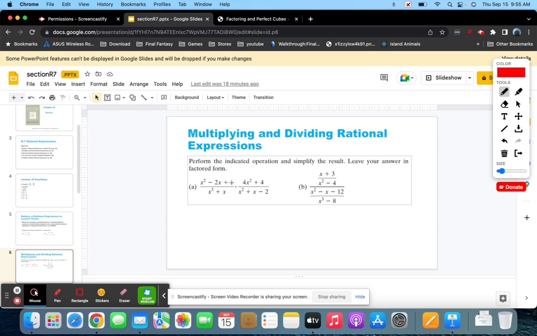So let's look at A. X squared minus 2x plus 1, well, that's going to be x minus 1 times x minus 1. On the denominator, we pull out an x, and you'll have x plus 1 there. Over here on this 4x squared plus 4, well, that's going to be pull out a 4, and you've got x squared plus 1.